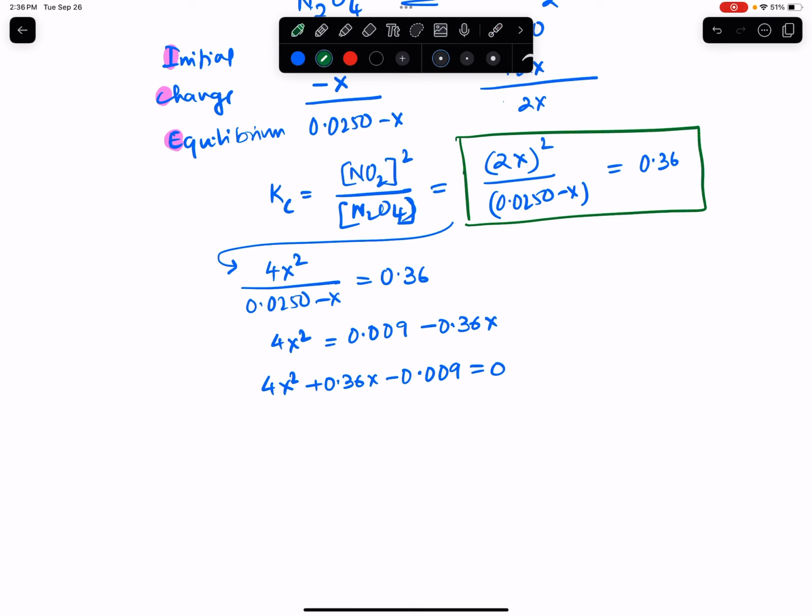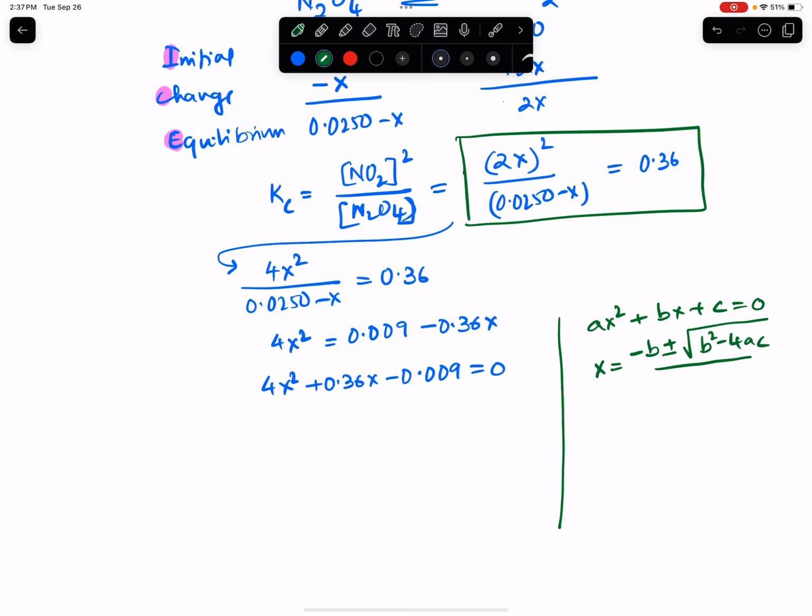So let's compare that with a regular quadratic, which has the form ax squared plus bx plus c is equal to 0. And if you solve a regular quadratic of this form, then x would be equal to negative b plus or minus the square root of b squared minus 4ac, and the whole thing is over 2a. So you need to know this formula. This formula will not be given to you.